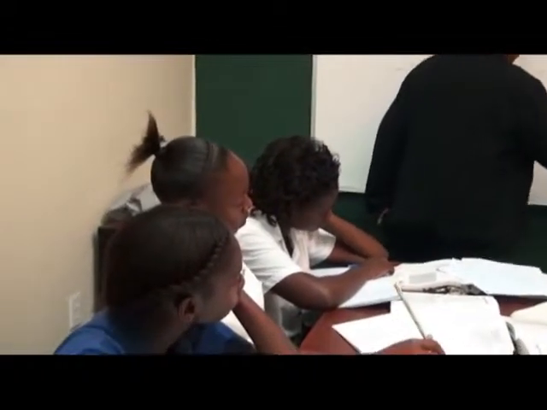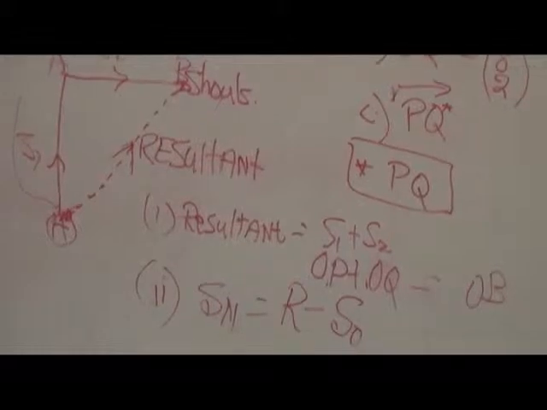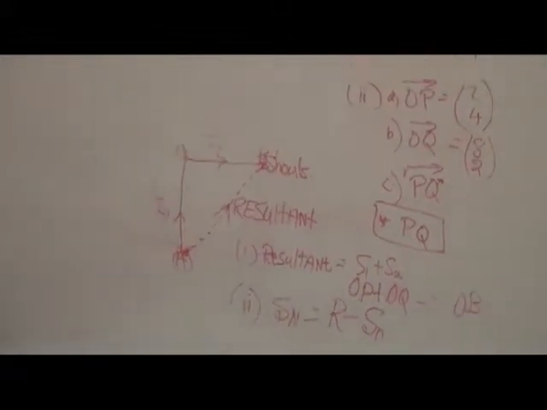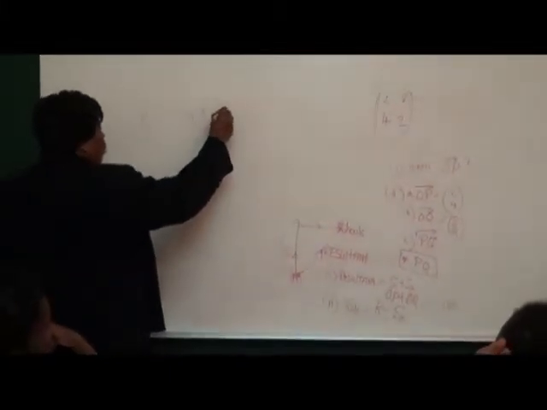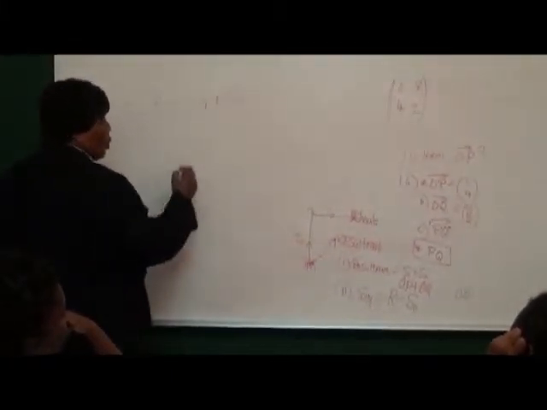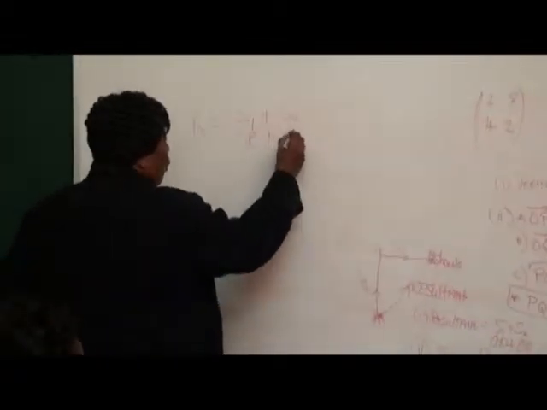If I had to find the resultant here, I can take off the diagram now because we know what the diagram looks like. So we're just going to use that because today we want to talk about how we are using the formula, okay? So if I have the resultant now is equal to side 1 plus side 2, and side 1 is OP, and it is plus OQ.